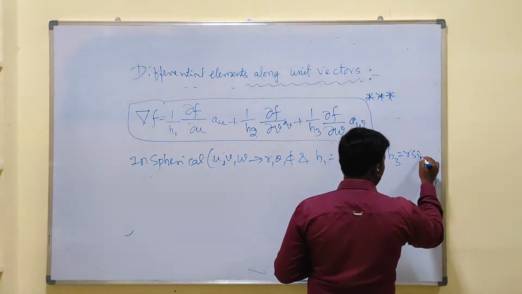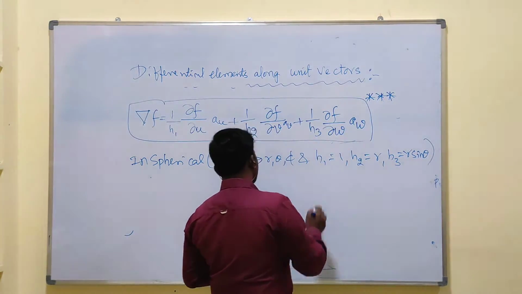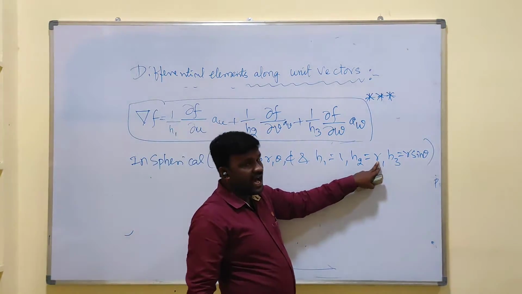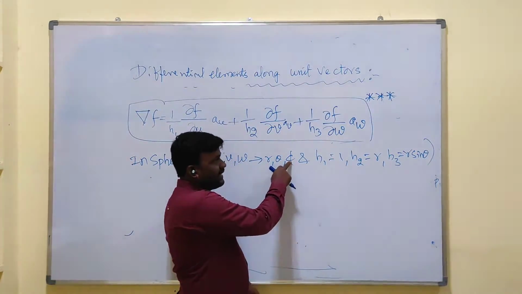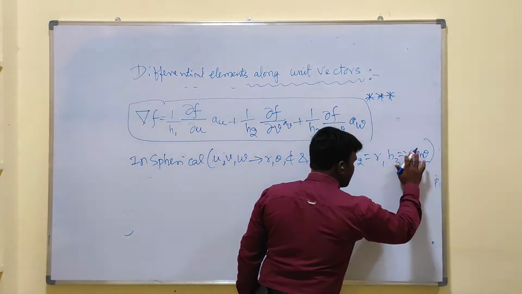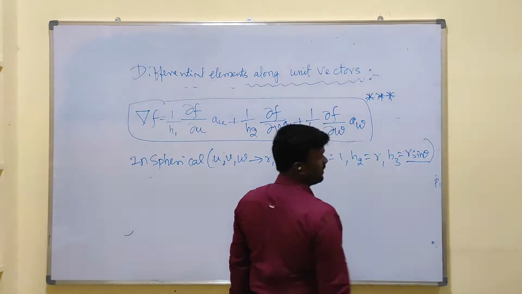Very easy. How? h2, second element, theta is the angle made by r. Phi, third element, this phi is the angle made by the projected component, r sin theta.